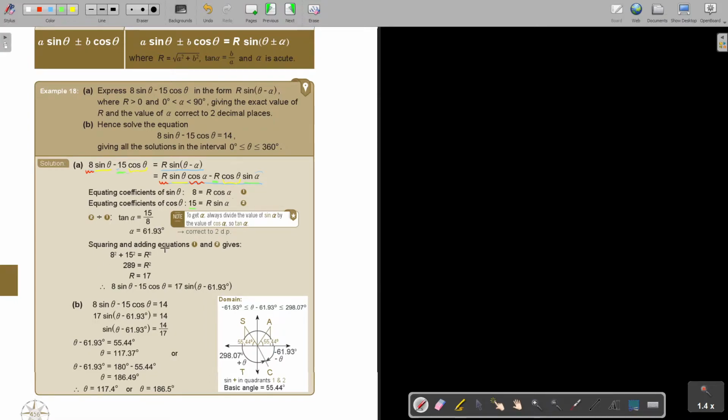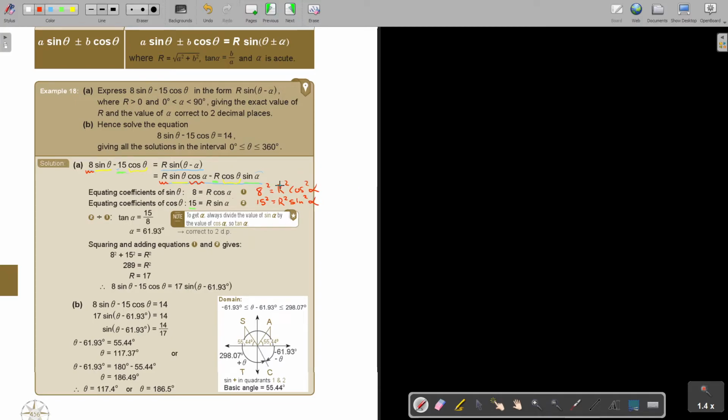I must still get the value of r. So squaring and adding the coefficients. So remember what I showed you in the previous one. If you square this one, so don't forget, I'm not showing you here, I'm just making use of that principle. So 8 squared is equal to r squared cos squared alpha. And 15 squared is equal to r squared sin squared alpha.